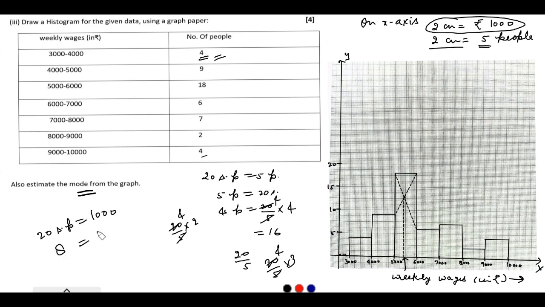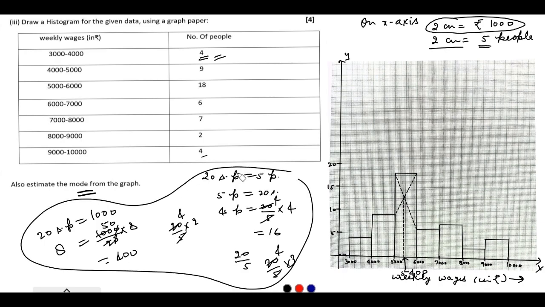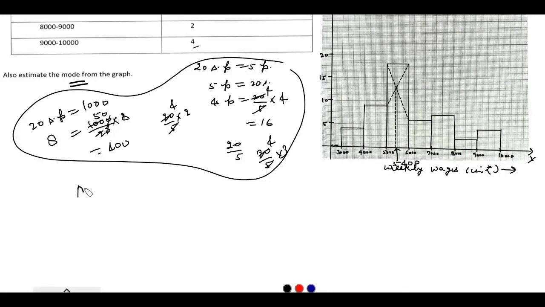Then 8 small parts will be equal to 400. Means this point will be 5400. This is the answer for the mode. This is all rough work. And from the graph, mode is equal to 5400 rupees.